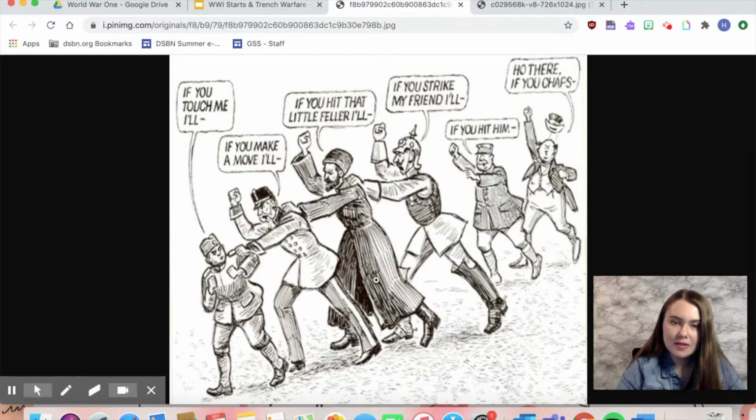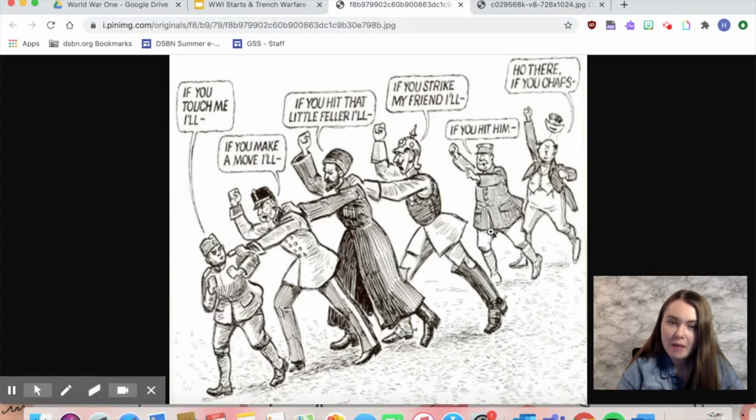Back here, we see a bigger person, and it is very much to represent the stereotypical furs and dress of the Russians. Then here, we see this pointed helmet. This was a helmet that was used by the Germans. So when you see that helmet with the spike on top, that is something that usually symbolizes Germany.